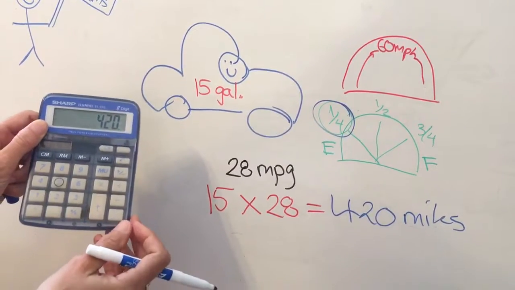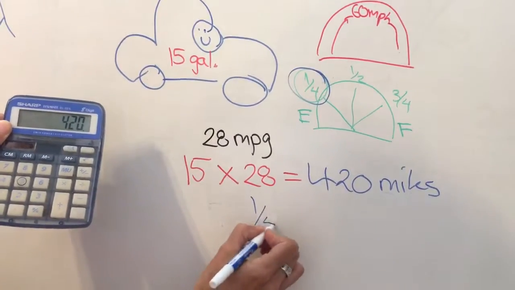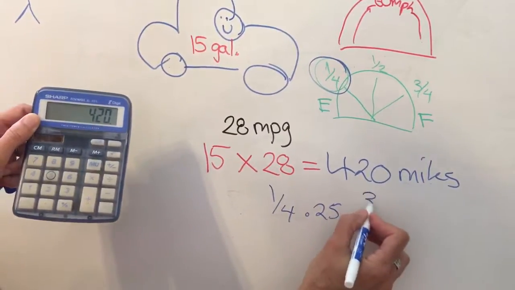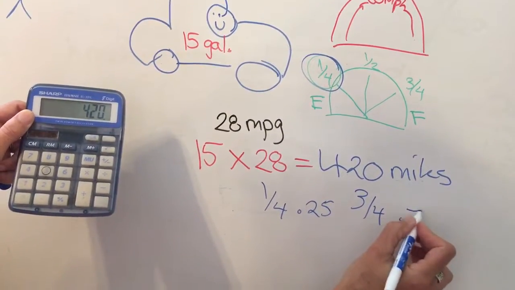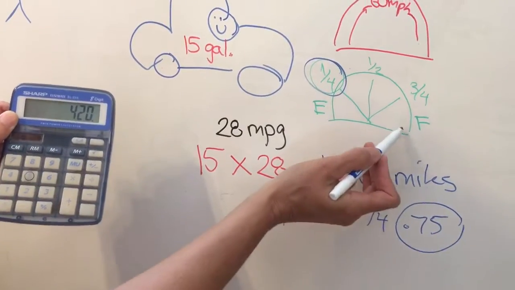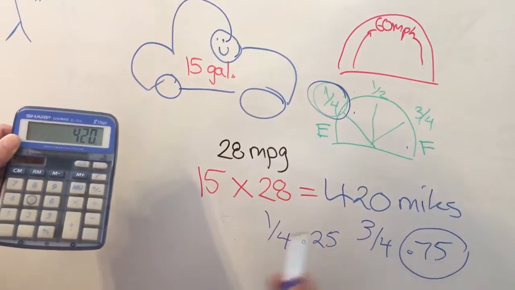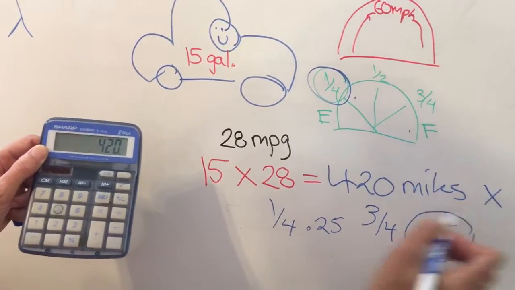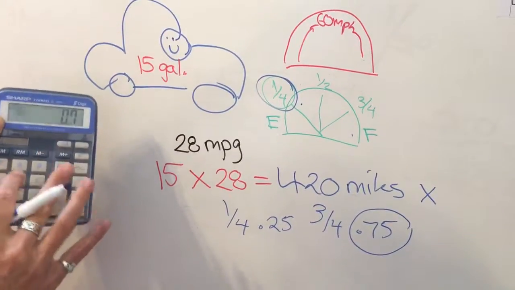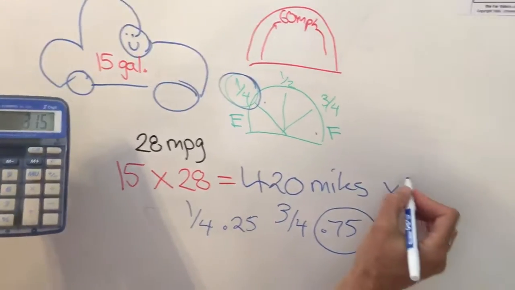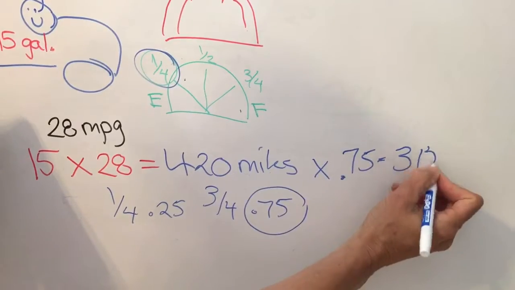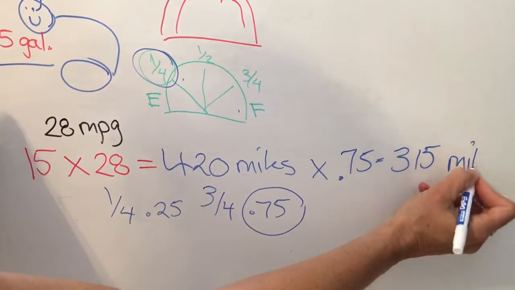So we need to calculate that. We know that 1/4 is 0.25 and 3/4 is 0.75. So we're going to times by 0.75, the 3/4 that she has used before she refuels. So we take our 420, we times it by 0.75, and we get 315 miles that she traveled.